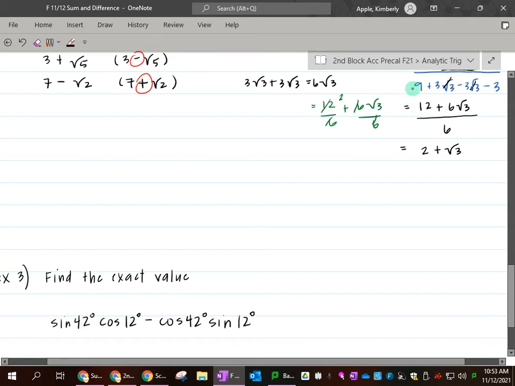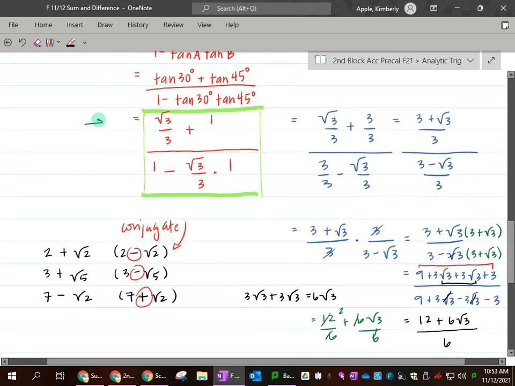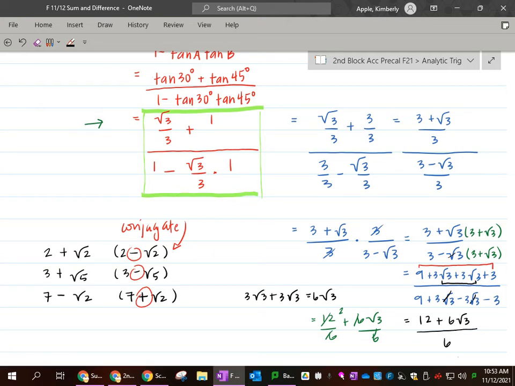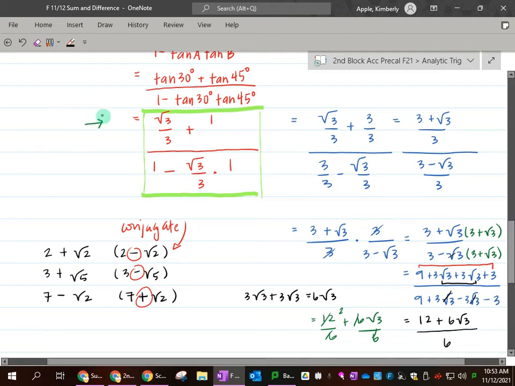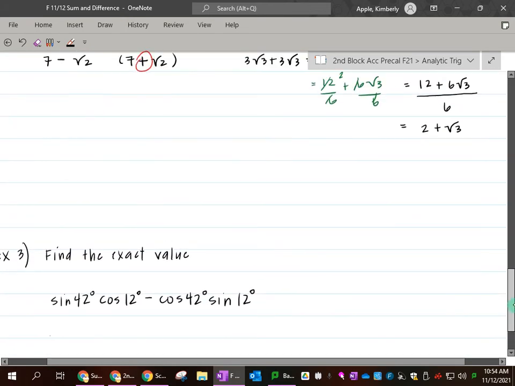So the trig formulas aren't so bad, but the tangent ones get really nasty with the algebra simplification. So here's the good news. If you can get here, that's half credit. Okay? So don't panic. If you can get here, I'll give you half credit. But you really need to endeavor to get through this because those algebra rules are important.